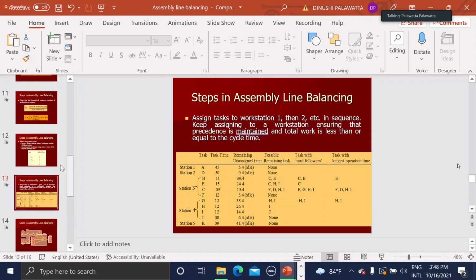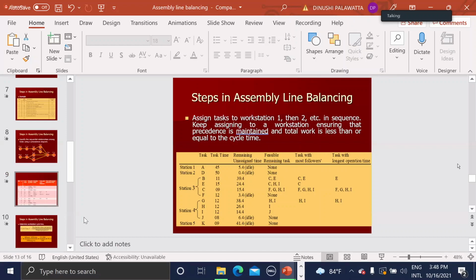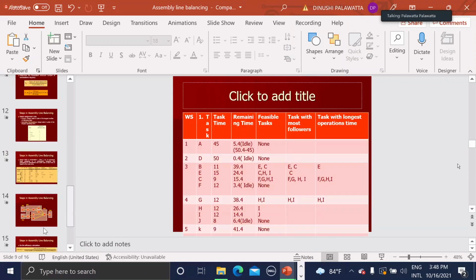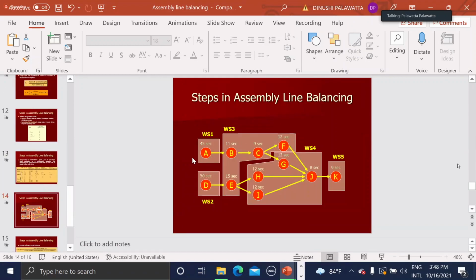Right, so you have 5 workstations. In the precedence diagram, if we box the tasks to workstations, it will be like this.